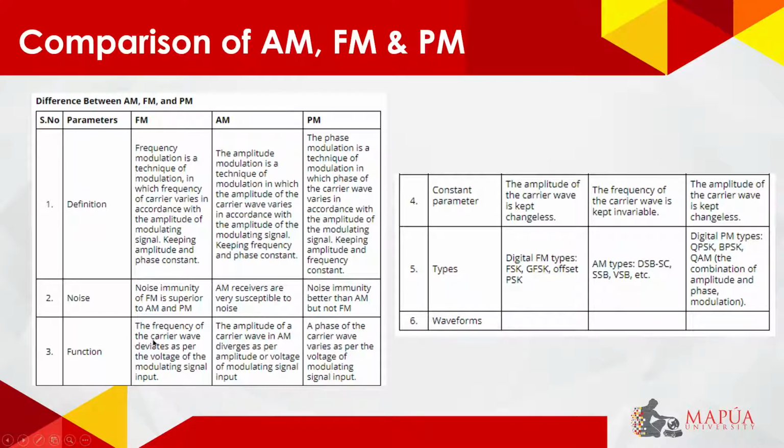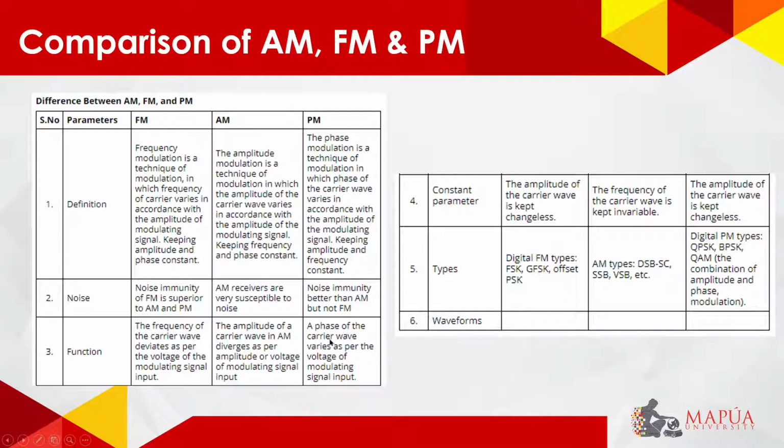And for the functions, the frequency of the carrier wave deviates according to the voltage of the modulating signal input for FM. For AM, the amplitude of the carrier wave diverges as per the amplitude or voltage of the modulating signal input.